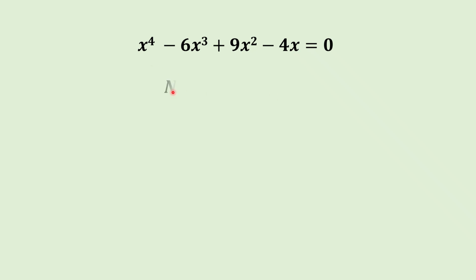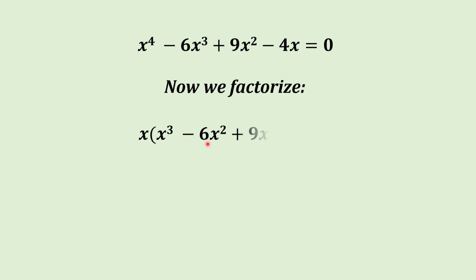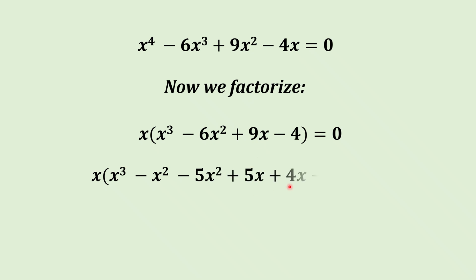Now we factorize this expression. We take out the common factor x. So within the bracket we get x cubed minus 6x squared plus 9x minus 4, equal to 0. Now we break minus 6x squared as minus x squared minus 5x squared, and plus 9x as plus 5x plus 4x.